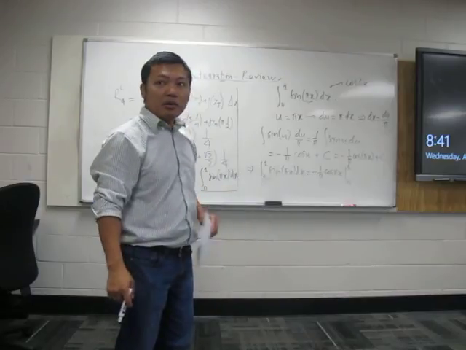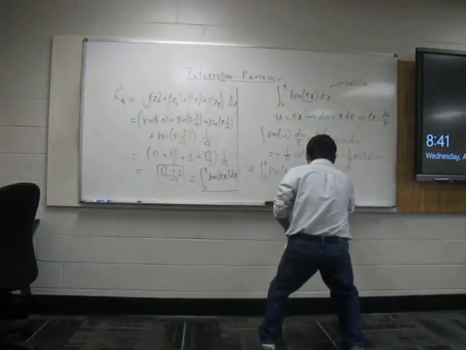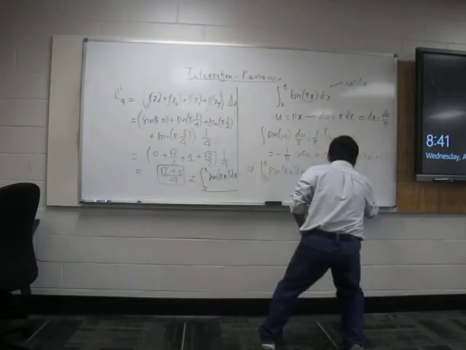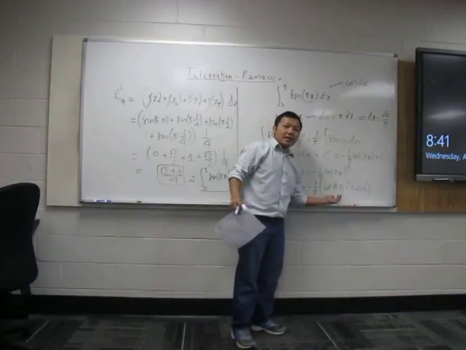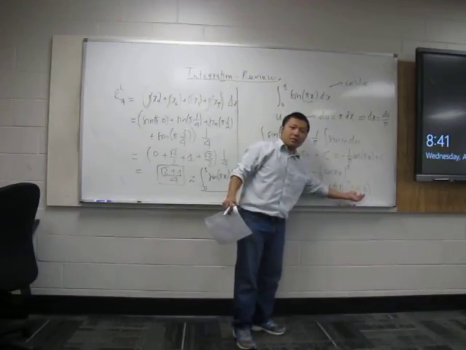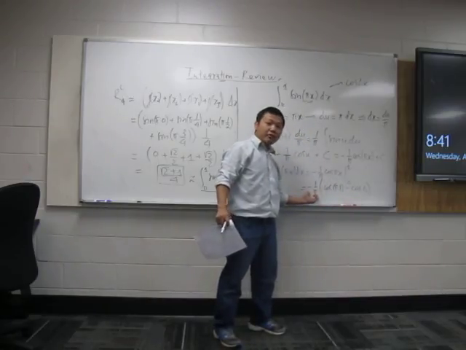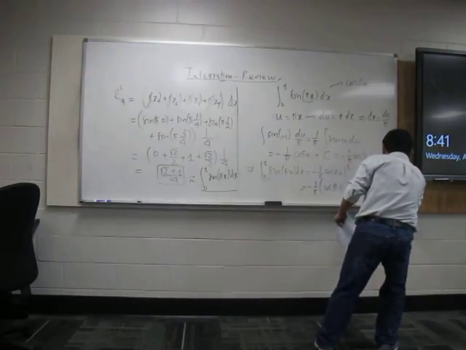You plug 1 and 0 into that, you get negative 1 over pi times cosine of pi times 1 minus cosine of 0. Cosine of pi is negative 1, and cosine of 0 is 1. So you get negative 1 minus 1, which is negative 2. With negative 1 over pi, you get 2 over pi.